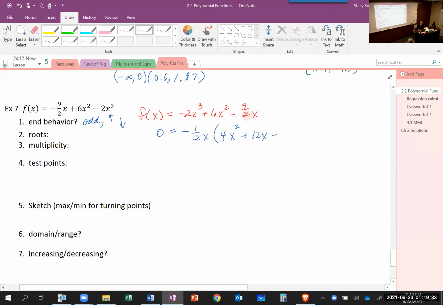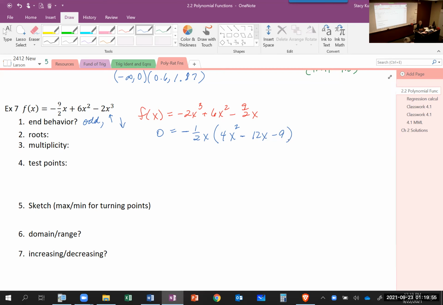And the whole point of factoring out the 1/2 is to get rid of that 2. If I multiply 9/2 by 2, I just get 9, correct? Would be negative 12 actually. Yes, thank you. So I have 4x squared minus 12x minus 9.